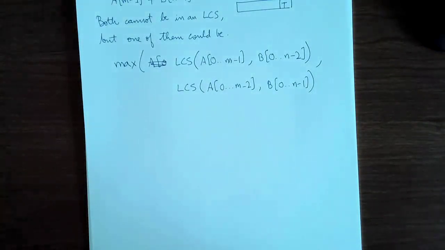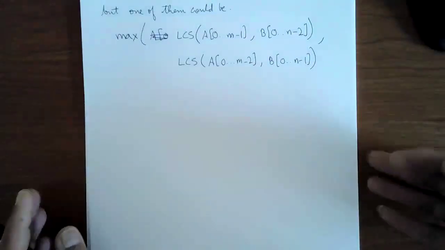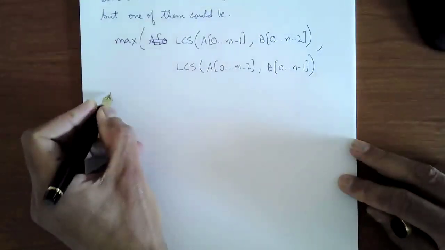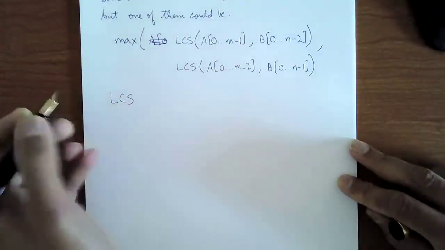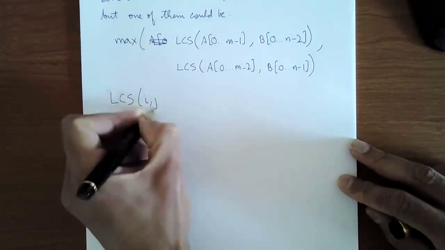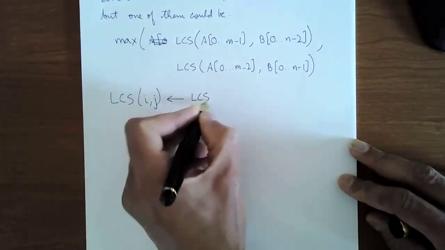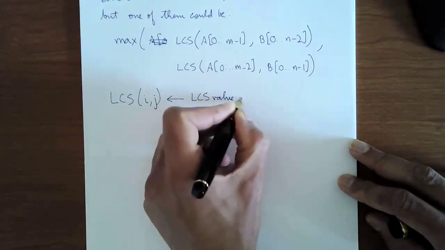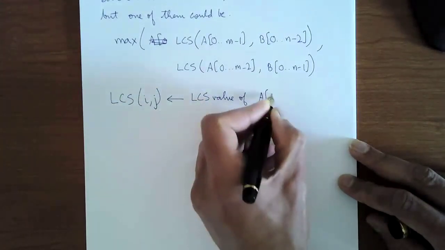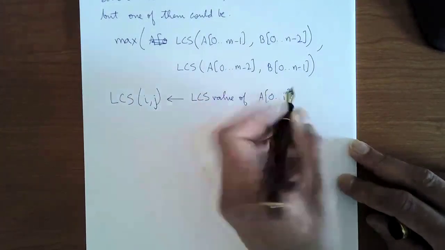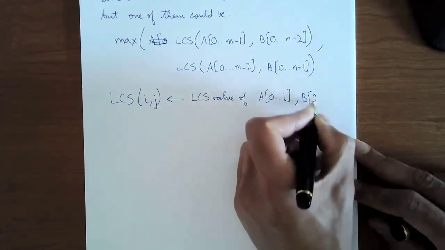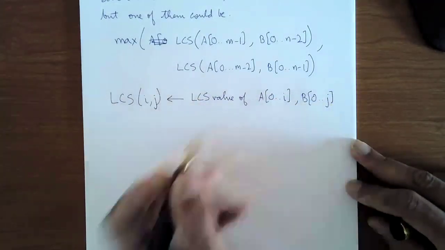And just to simplify the notation, I'm just going to rewrite as follows. So I'm going to use LCS(i,j) to denote the LCS value of A going up to index i and B going up to index j, right?